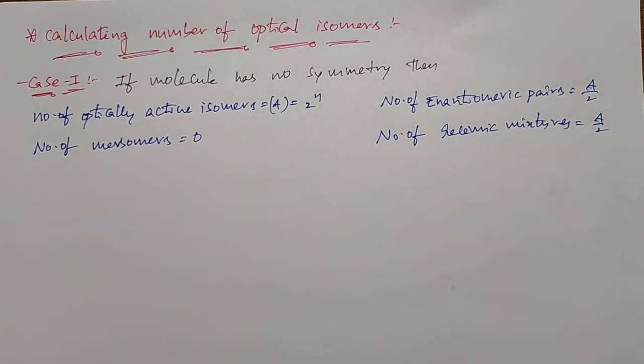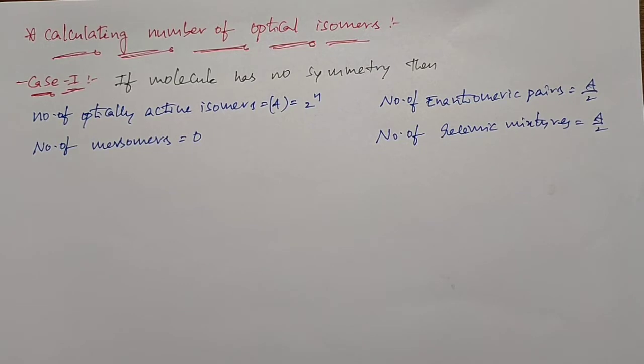Okay, so once again, calculating the number of optical isomers. In case 1, we take the molecule without symmetry. The number of optically active isomers is equal to 2 power n, and it is taken as capital A. Then the number of enantiomeric pairs is equal to A by 2, and the number of racemic mixtures also is equal to A by 2.